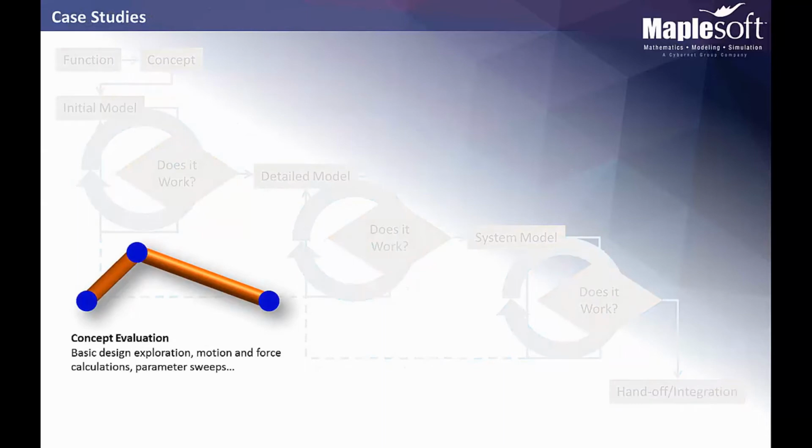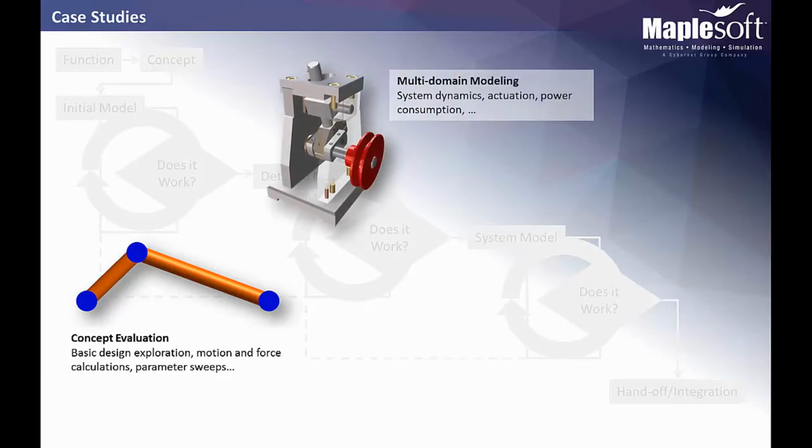There are a few examples that I've selected here to help demonstrate the concept that I just talked about. The first one is a very simple slider crank as an example of concept evaluation, basic design exploration, and what we can do with it, such as a parameter sweep. The next example brings the level of detail up by including CAD components for better estimates on mass and inertia.